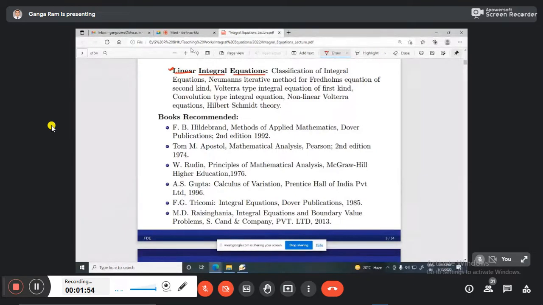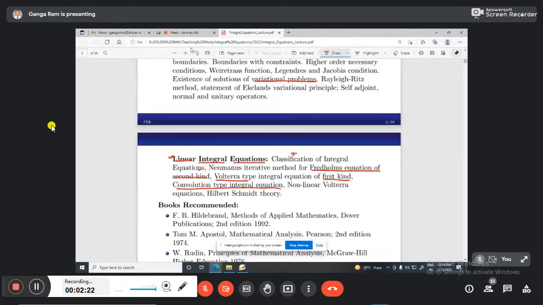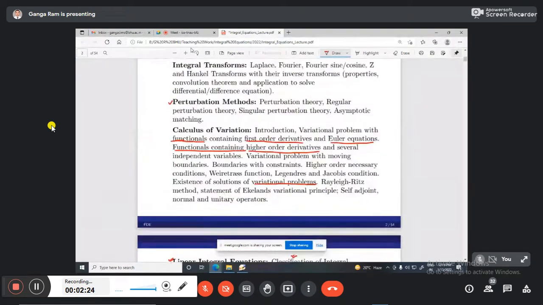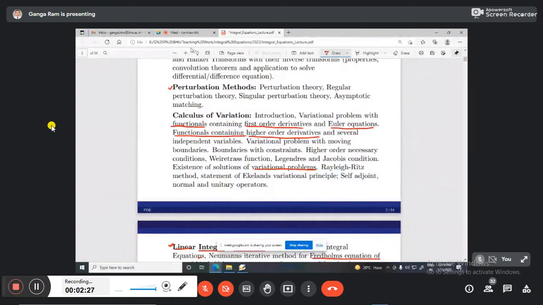The content has classification of integral equations, Neumann's iterative methods for Fredholm equations of the second kind, Volterra type integral equation of the first kind, and convolution type integral equations. Also, you have seen that convolution is discussed there, the convolution theorem.